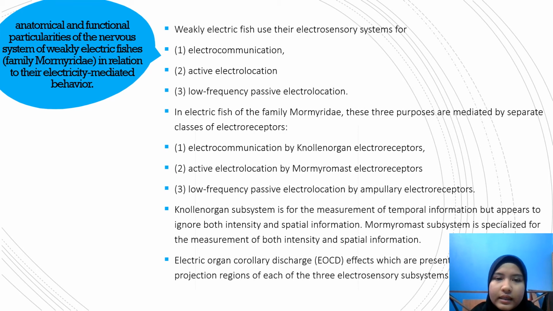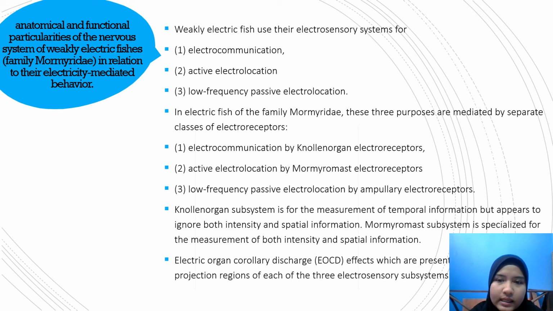The morphological and physiological characteristics of the primary afferents and their central projection regions are quite different in the two subsystems and reflect the type of information which the subsystem perceives. The electric organ corrollary discharge (EOCD) effects are present in the central projection region of each of these three electrosensory subsystems.